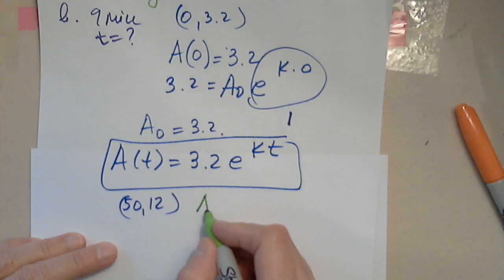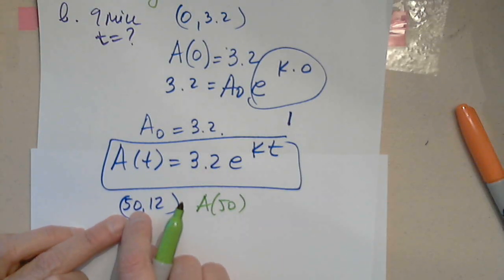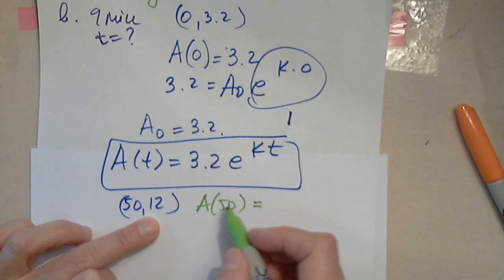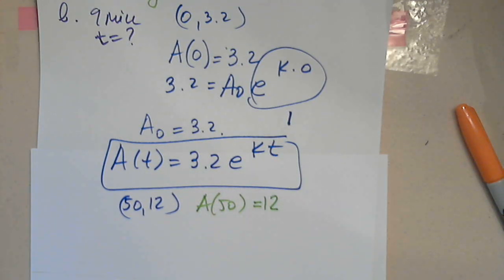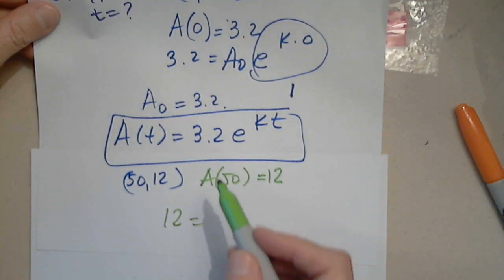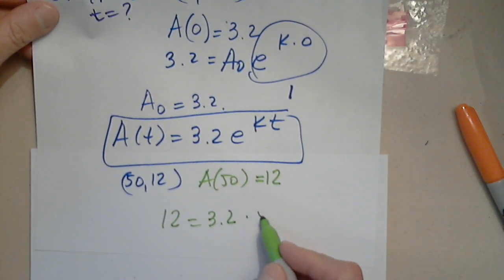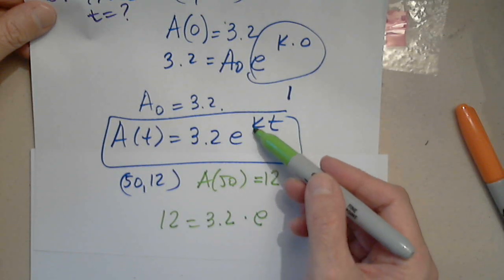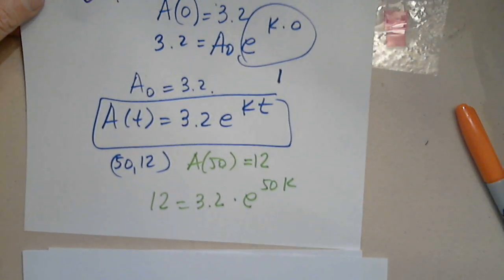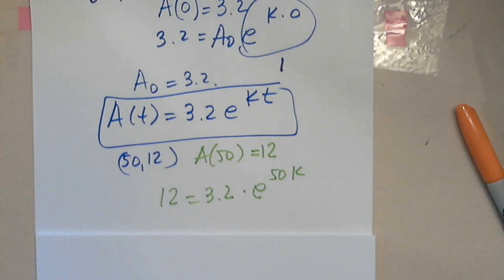It means that whenever time is 50, the dependent variable a of 50 is 12. So I will just mimic that. Basically, I have 12 on the left-hand side. I have 3.2 times e to 50 times k. This equation will help us determine k.